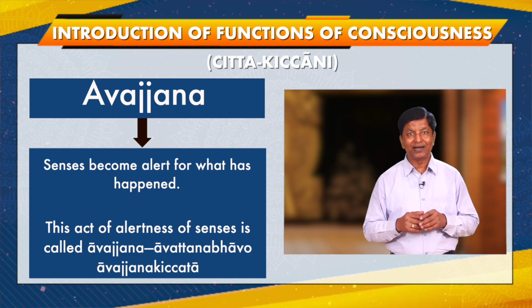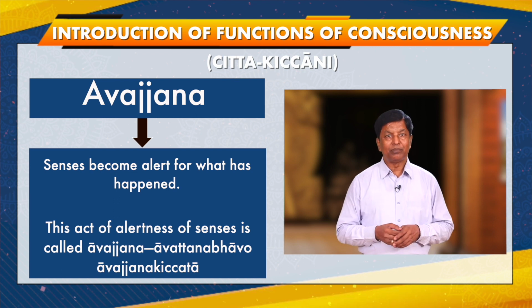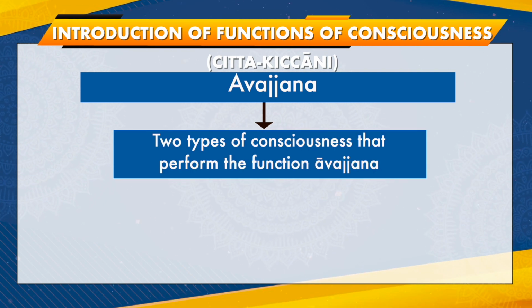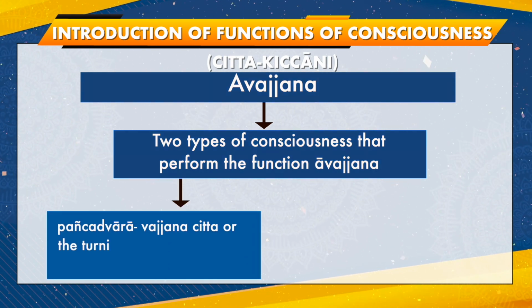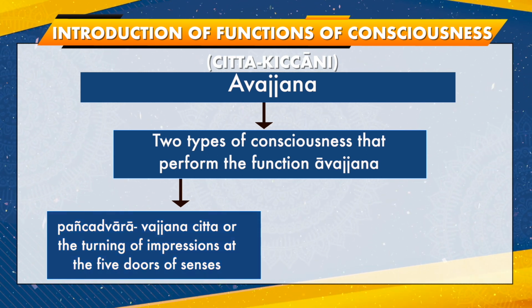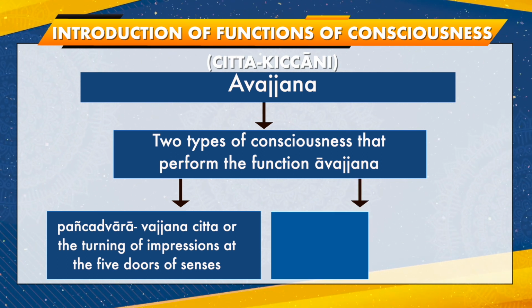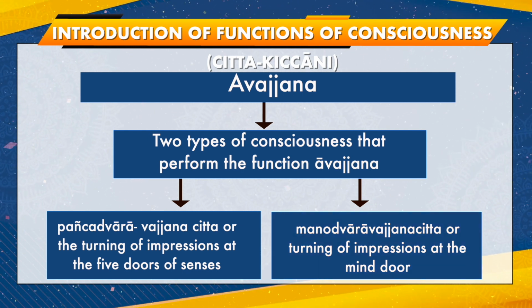This act of alertness of senses is called Avajjana. Avattana bhavo avajjan kichatata. There are two types of consciousness that perform the function of Avajjana. They are namely Panchadwara Avajjana Chitta, or turning of impressions at the five doors of senses, and Manodwara Avajjana Chitta, or turning of impressions at the mind door.